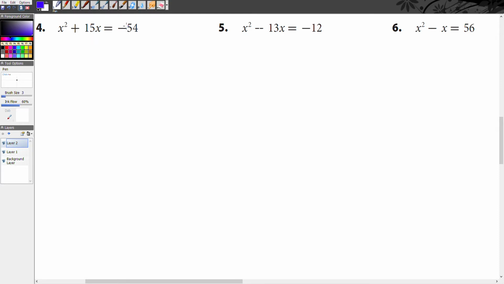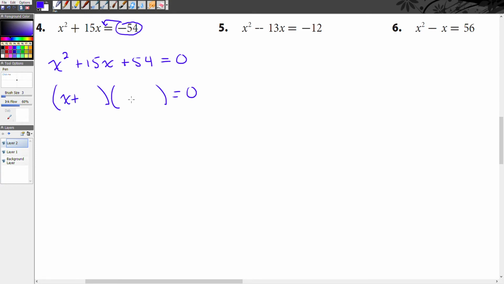Okay, so I'm going to take negative 54, and I'm going to move it here because I need to set this equation equal to 0. So this gives me x squared plus 15x plus 54 equals 0. So I can see that my b value and c value are both positive, so I know that both of my binomials are x plus some number times x plus some other number.